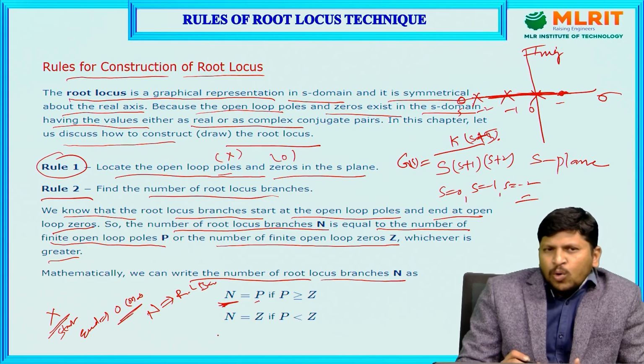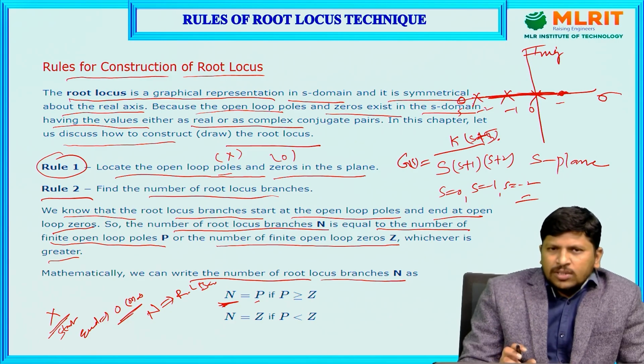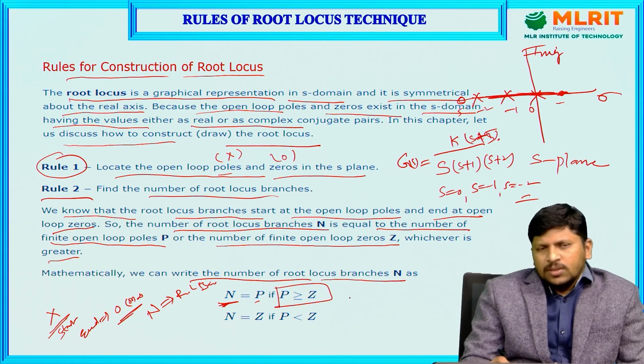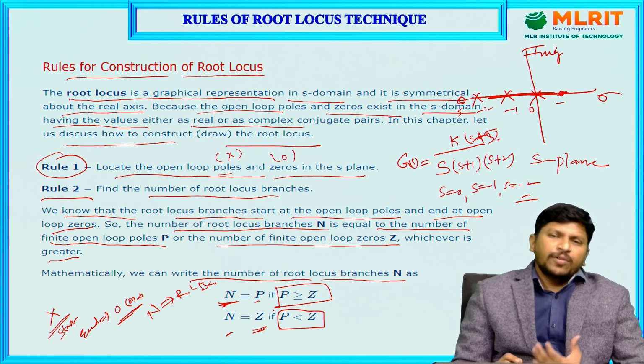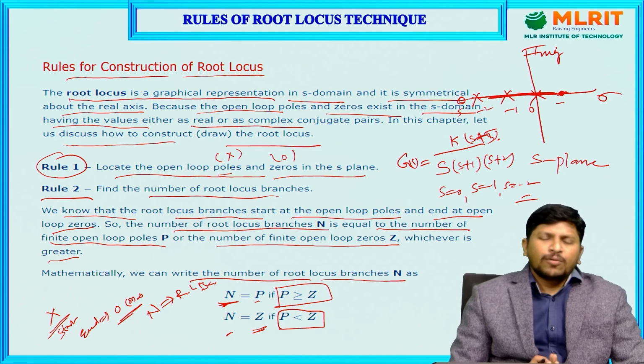When the poles are greater than or equal to the zeros, the number of root locus branches equals the number of poles. If the poles are fewer than the zeros, the number of root locus branches equals the number of zeros. Simply, how to find the number of root locus branches?